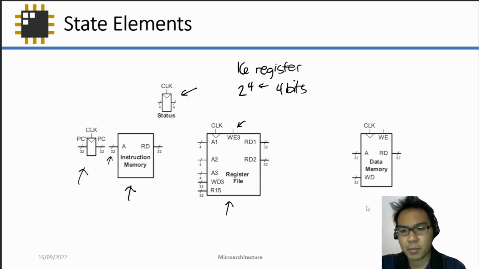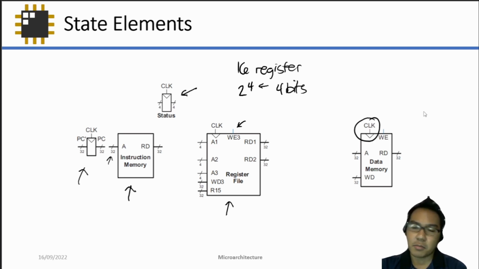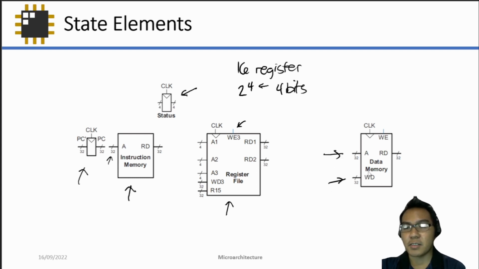Next, we have the data memory. This one is also combinationally read. When the data memory gets a positive clock edge, whatever is in write data gets written into whatever this address is in the memory, provided that write enable is 1.